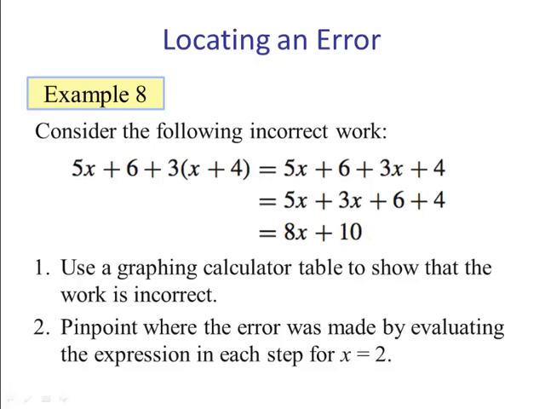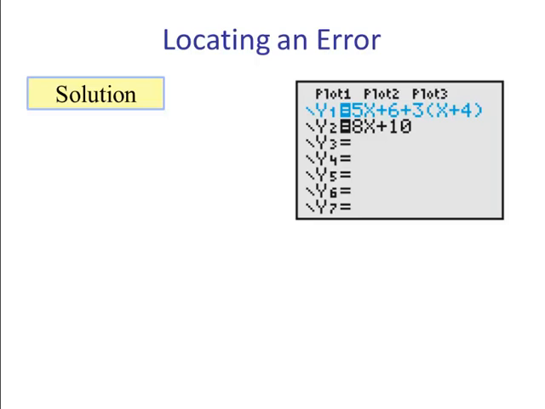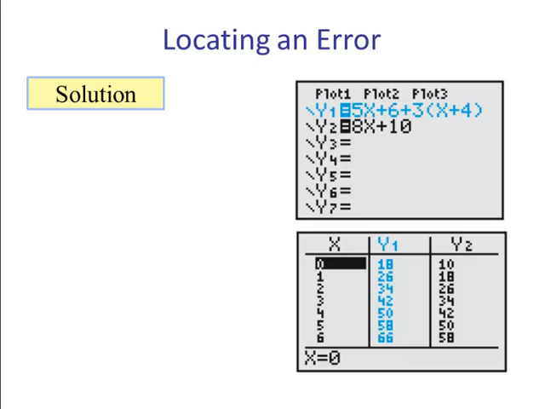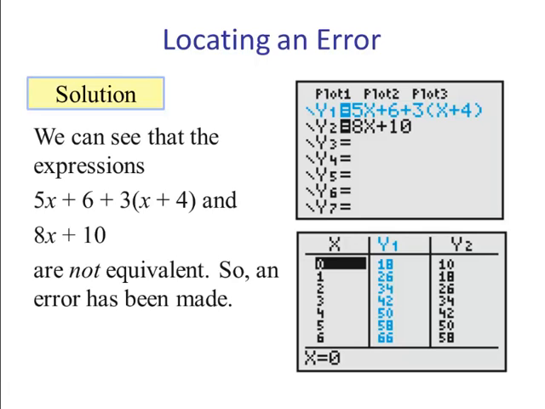We want to verify this mistake by using the graphing calculator, and then we want to pinpoint where the error was made. Putting this in our graphing calculator in y1, 5x plus 6 plus 3 times x plus 4, and y2, 8x plus 10. Using our table feature, we see these values are not equivalent, so an error has been made.